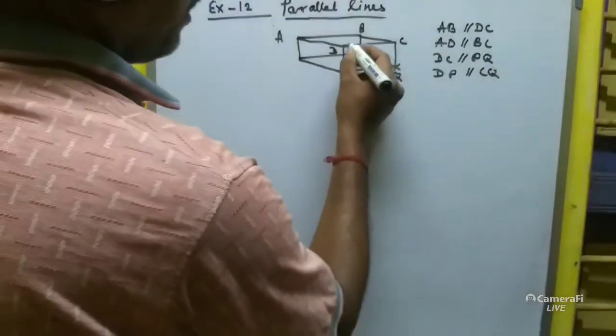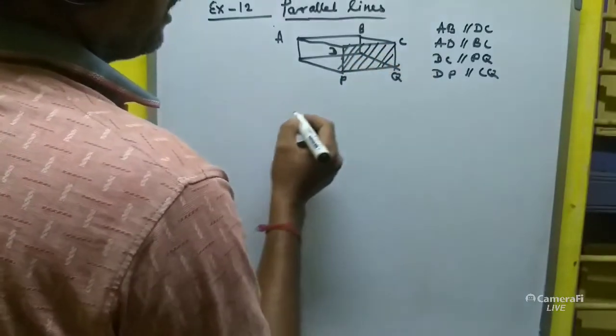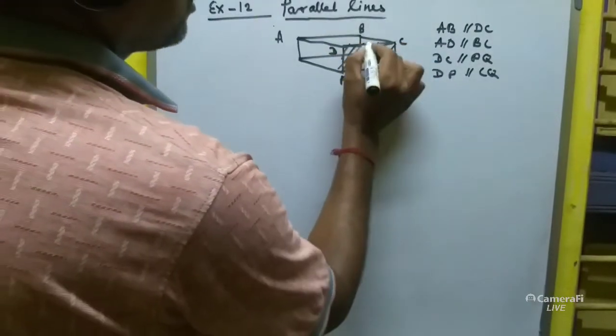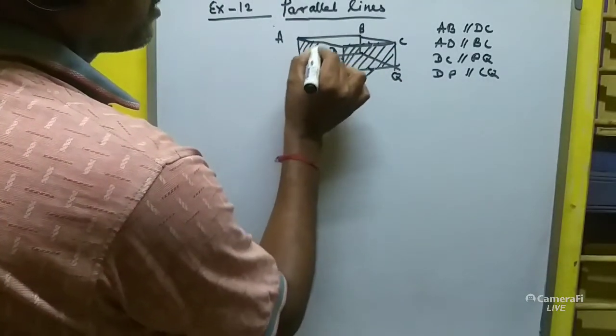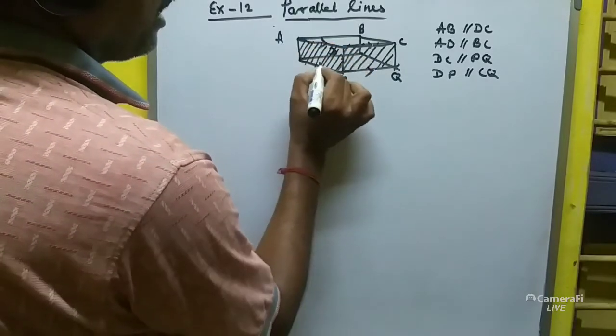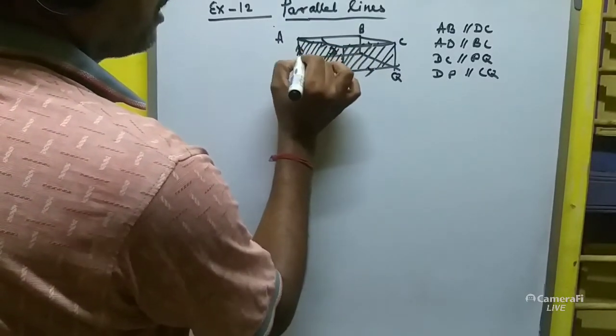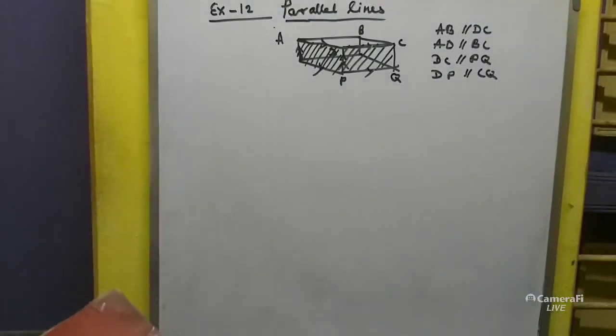So in every plane, look, this is a plane. In every plane there are two pairs of parallel lines, this one and this one. Here also this is a plane, and in this plane you see there are two parallel lines. In this way you can get the parallel lines.